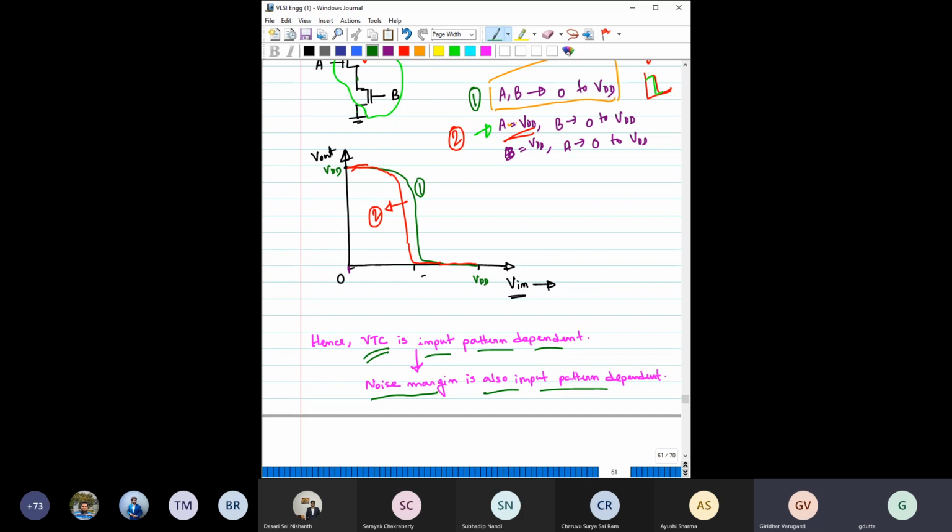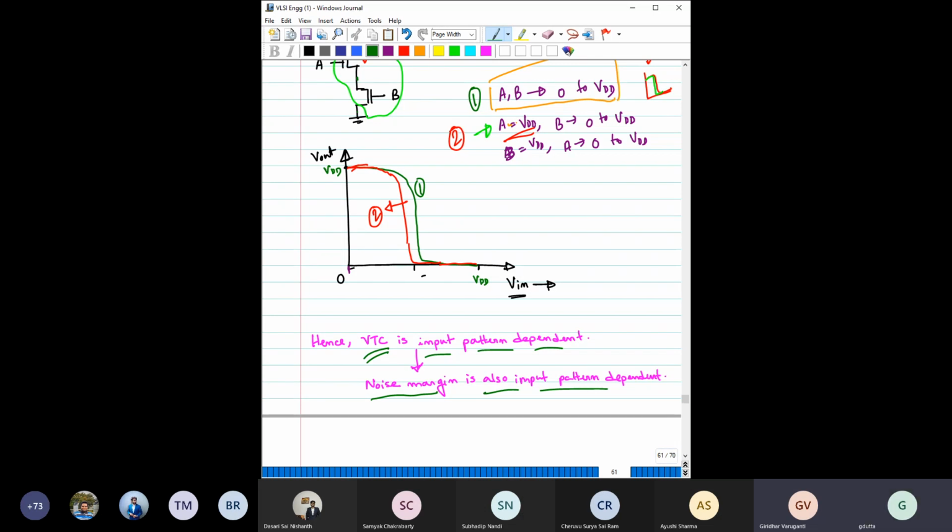See, this is the beauty here. For an inverter, it is always fixed once you have designed it. But for a two-input NAND gate, NOR gate, or any other multiple-input gates, you will find its VTC is dependent on the input patterns, how the inputs are changing.